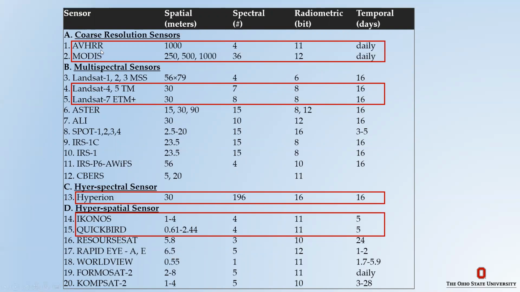AVHRR, MODIS, Landsat family, they are very famous. Landsat family, Hyperion, IKONOS, and QuickBird. These last two are famous for their extremely high spatial resolution and they are very successful commercial sensors.